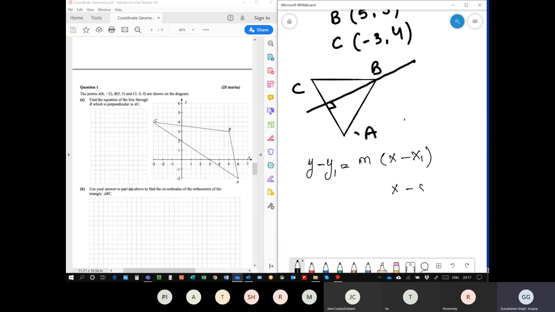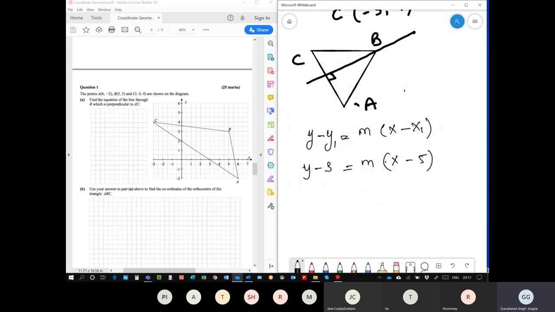So x minus 5 here, m we don't know, y minus 3. We don't know the slope now. How will you find out the slope? They give you the condition that the line is perpendicular to AC. So we will find the slope of AC because we don't know 2 points on the line. We just have 1 point which is B. So that's why you have to find the slope of AC first.